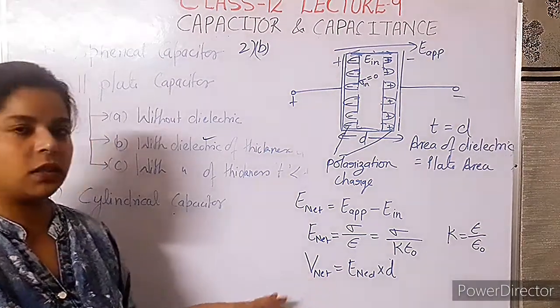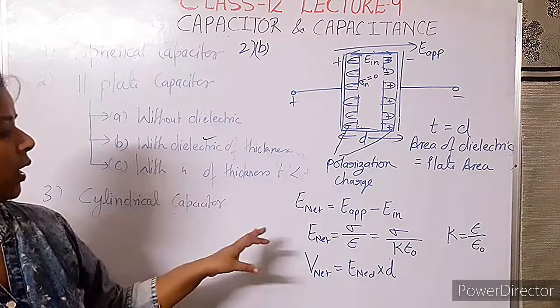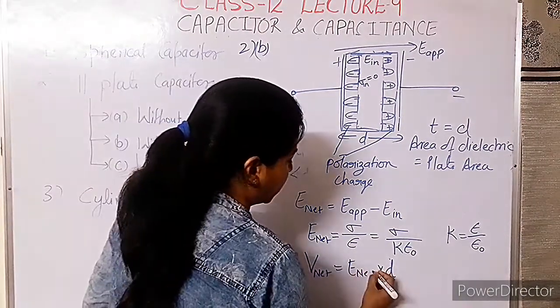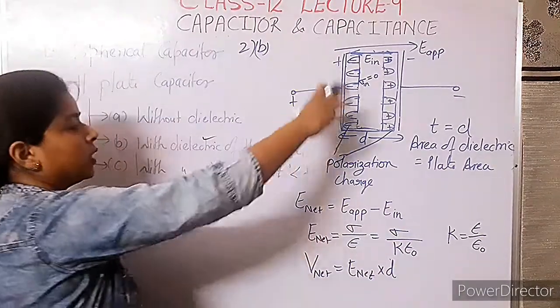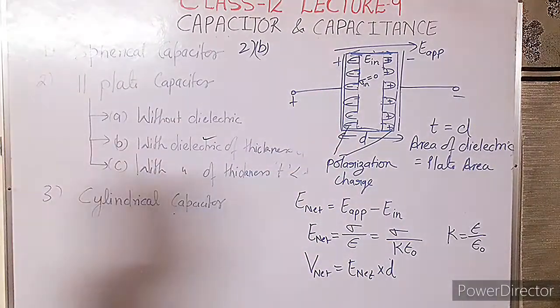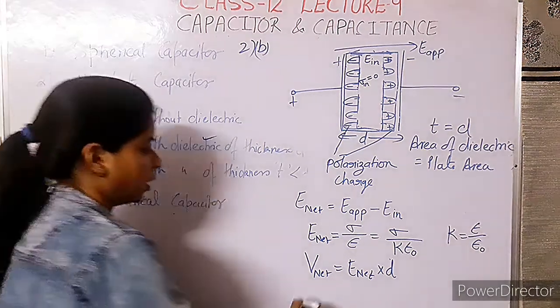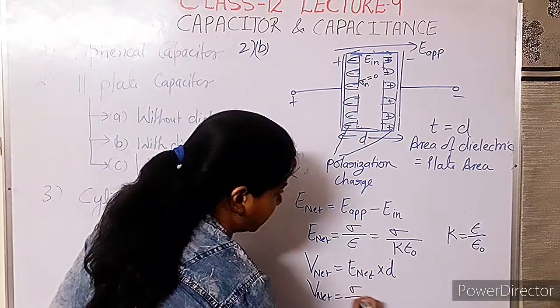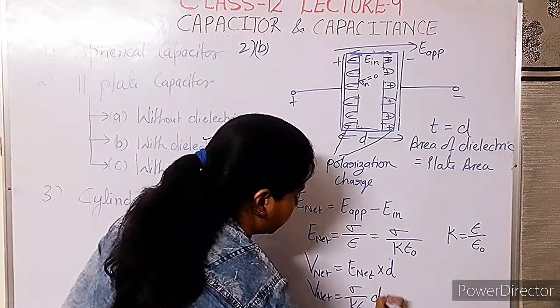E is equal to V by D, the minus sign we have neglected, and V is equal to E into D. So we have to write E net into D, because the dielectric covers the whole distance between the plates. That is why the distance corresponding to the potential gradient should be D. So V net is equal to E, that is sigma over K epsilon naught, into D.